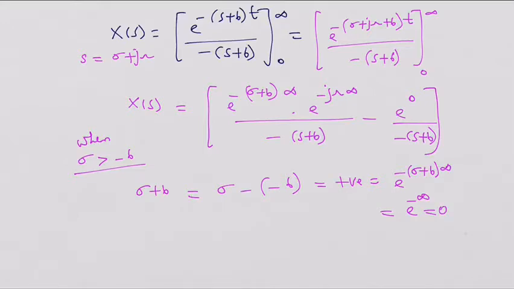So when sigma is greater than minus 6, the first term will become 0. Then e power 0, the entire remaining result, will be 1 divided by s plus 6. X of s will become simply 1 divided by s plus 6, right?